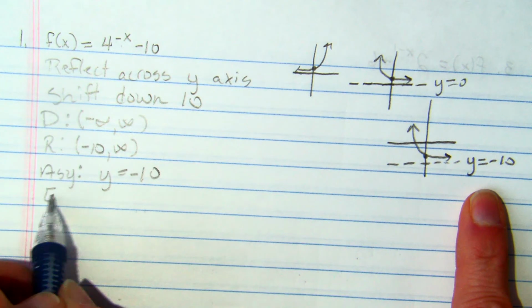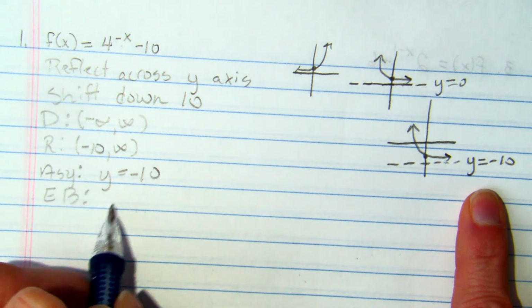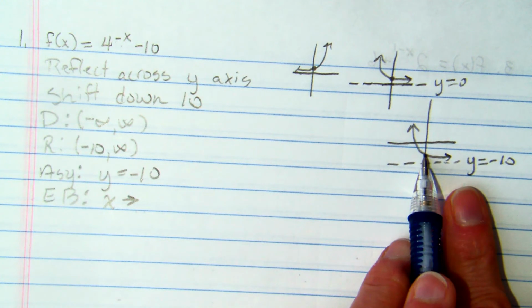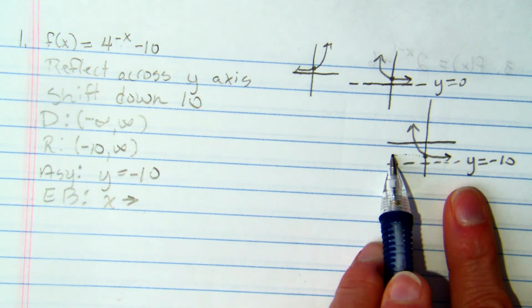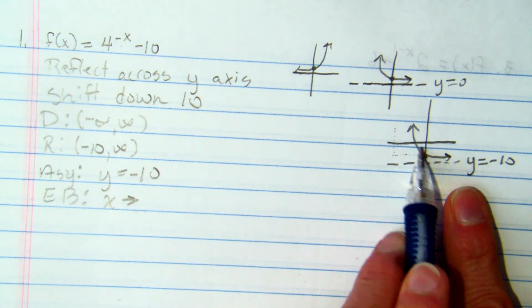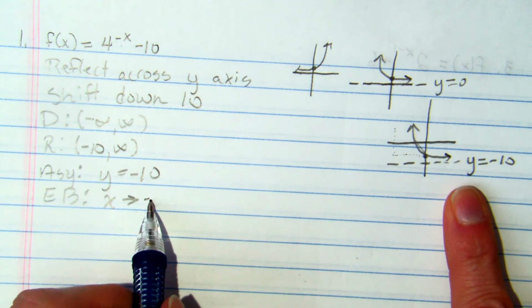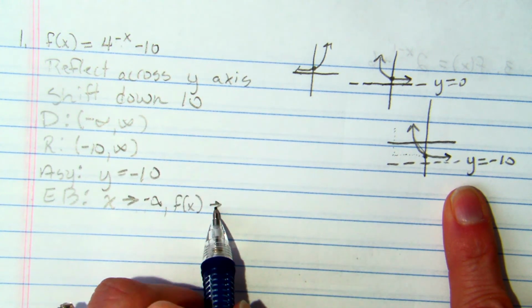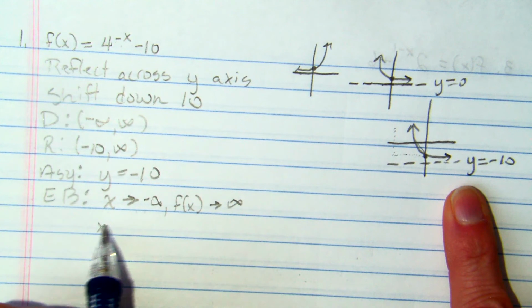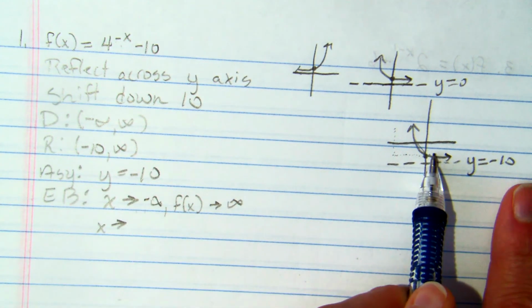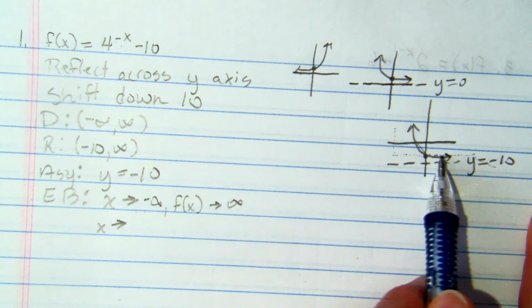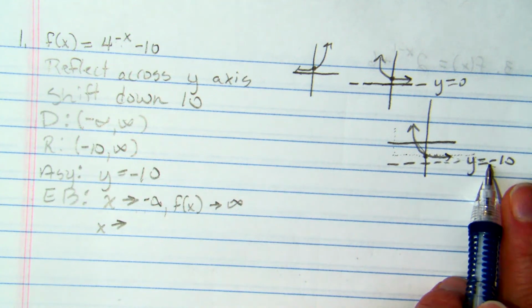The end behavior, as x approaches, well, I'm going to come over here and jump on my graph. As x is approaching negative infinity, what's my y value doing? It's going up. So as x approaches negative infinity, f of x approaches positive infinity. As x is approaching positive infinity, that y value is going lower and lower, but it will never go below y equals negative 10.